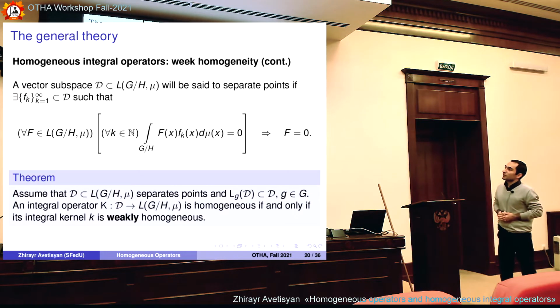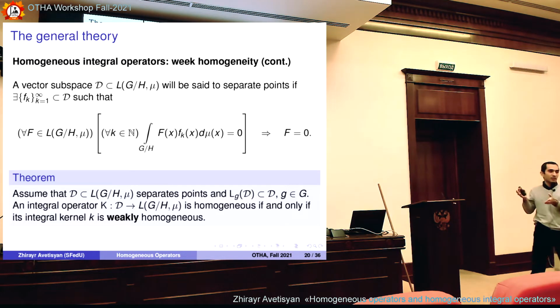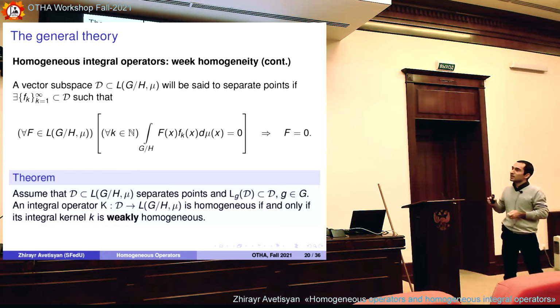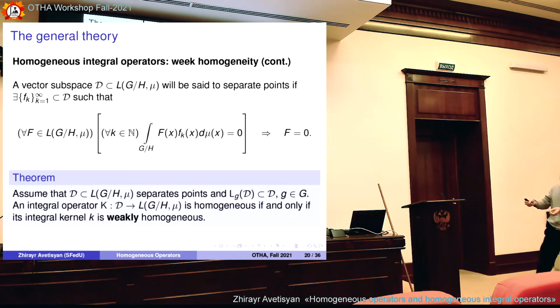Now, the first result is this. In order to obtain any reasonable results, we need to assume that the domain D is not too small. So in particular, we assume that it separates points in the following sense. It contains a sequence of elements, the domain D, such that if a certain integral vanishes on the sequence, then it vanishes identically.